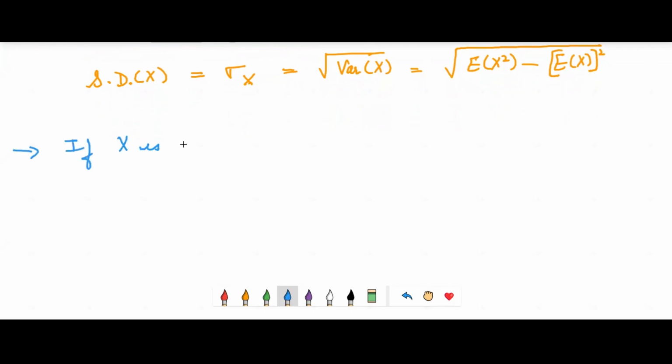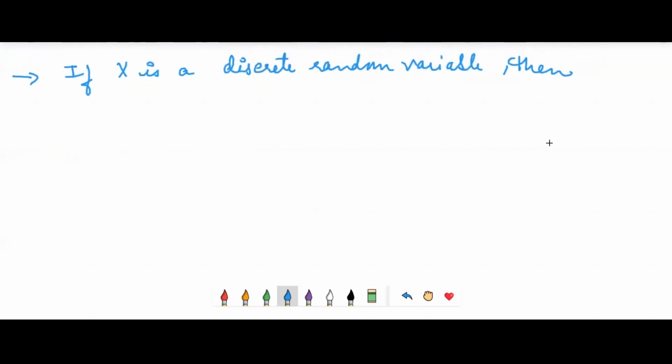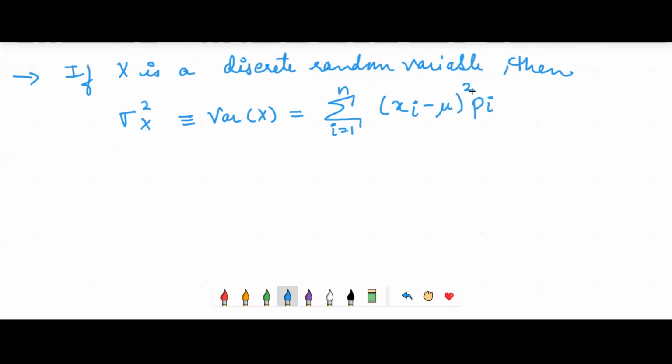If x is a discrete random variable, then sigma square x would be the summation of pi times (xi minus mu) whole square.